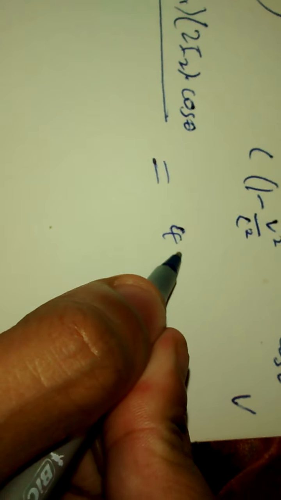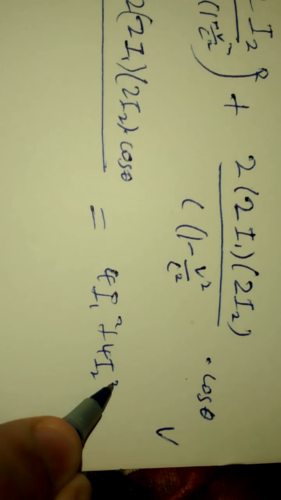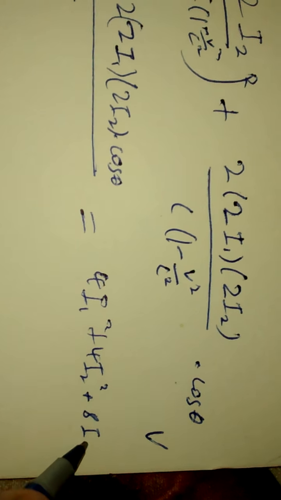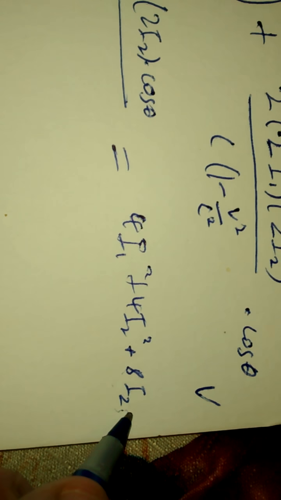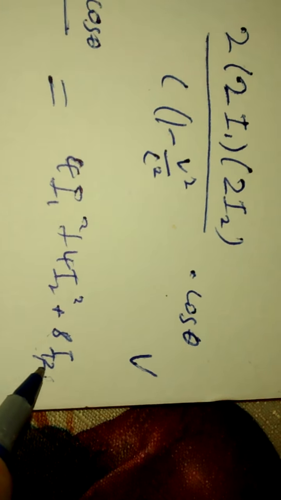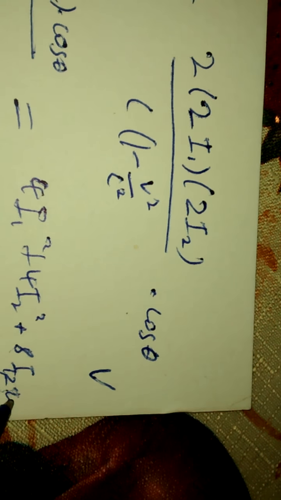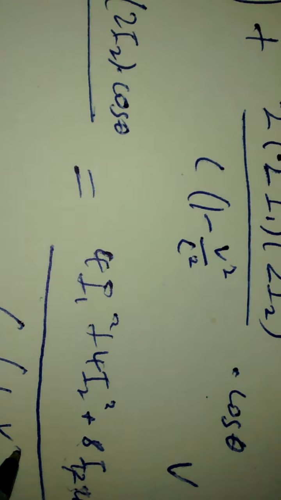Equals 4 I1 squared plus 4 I2 squared plus 8 I squared cosine theta 1,2. Okay, this 1,2 just means I1 times I2, and same denominator.